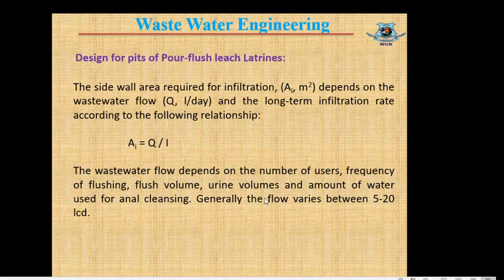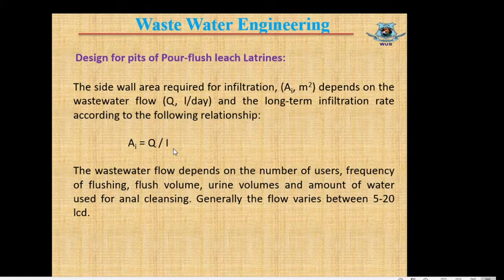That means if we multiply the quantity of water required per person per day by the total number of persons, we can easily get Q. And I equals the rate of infiltration, which depends upon the long term soil percolation capability, and this is also shown in a table.